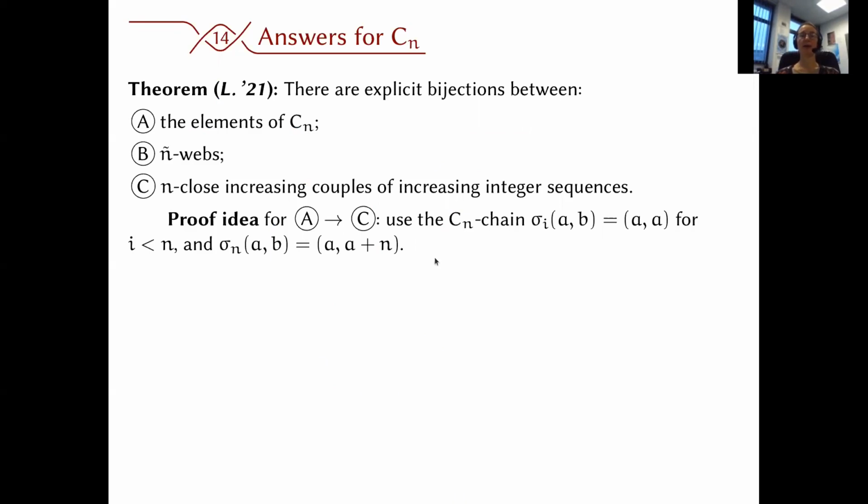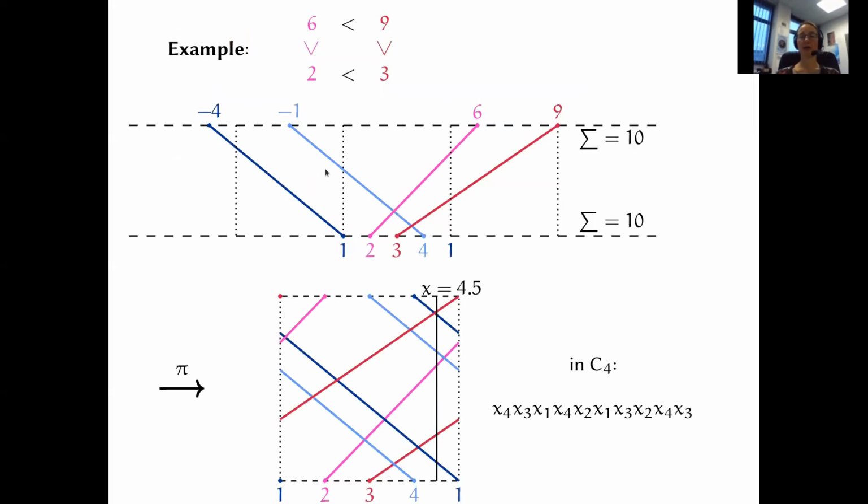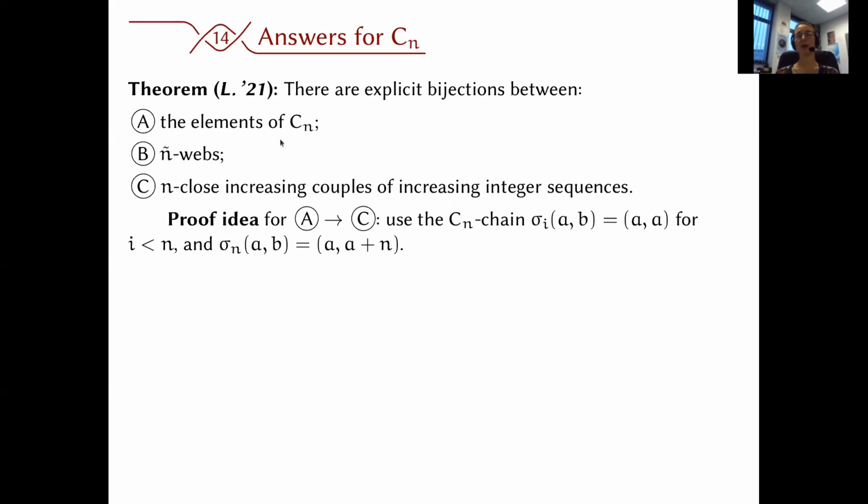So these two procedures, coding and decoding, can be seen to be the inverse of one another, which shows you that these webs on the cylinder are the same thing as the enclosed couples of increasing integer sequences.